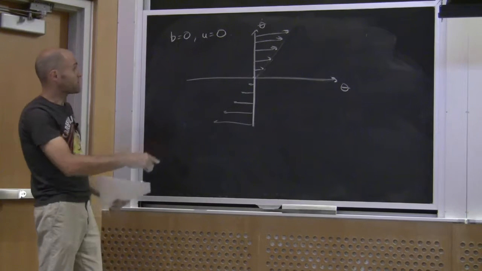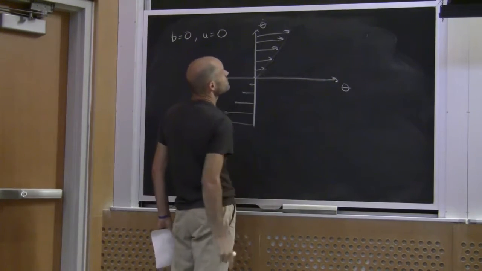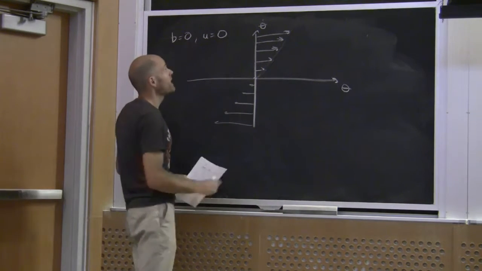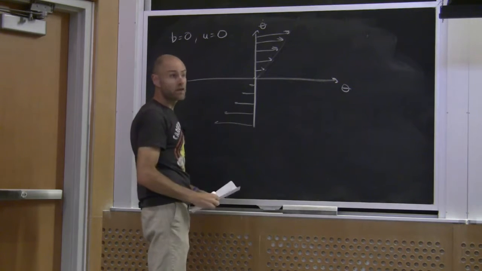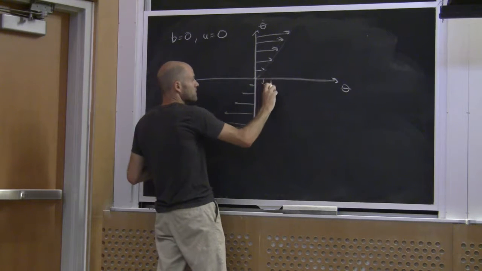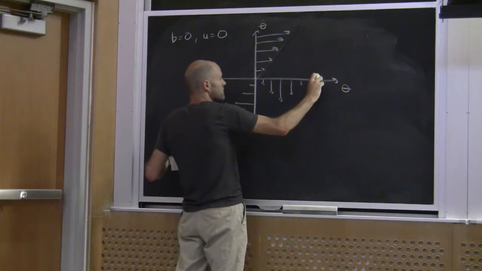The other one that's really easy to plot is I can walk along where theta dot equals 0, and then I just get my MGL sine theta coming out. And the x component is 0, and the y component is negative MGL sine theta. So I get something that the magnitude is a sine wave, right?